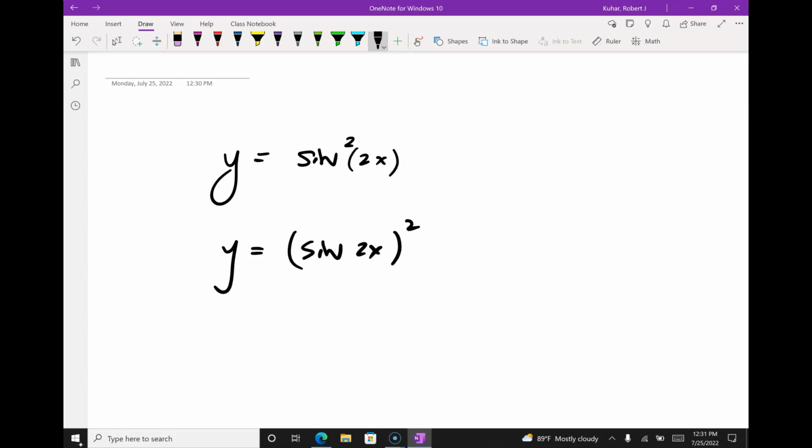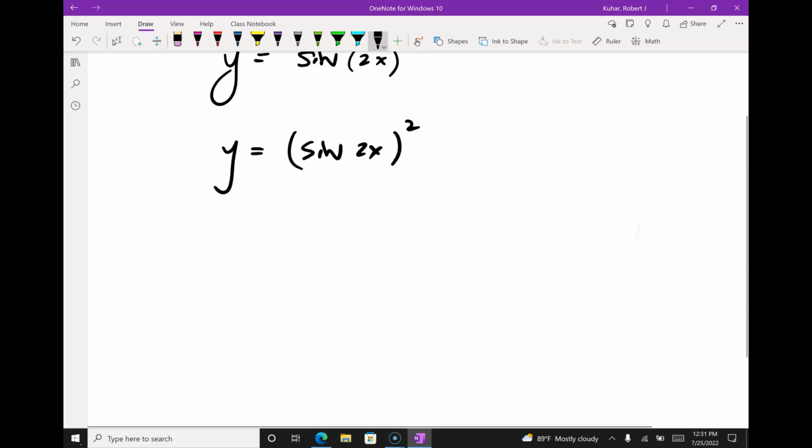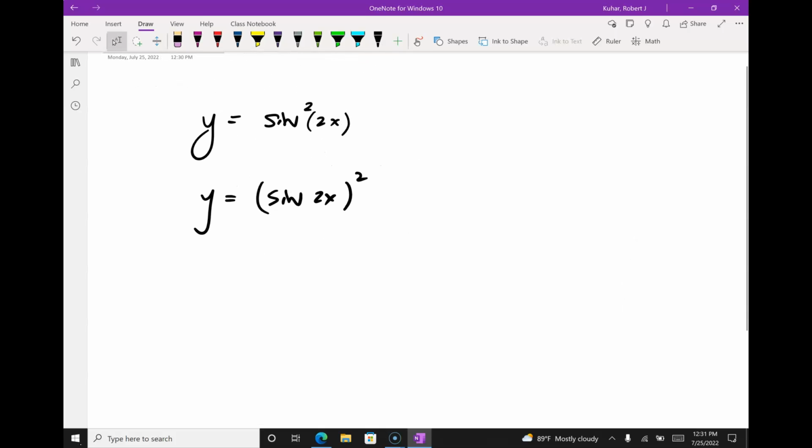Say again. This is a nested one. Yep. So first of all, do you see that the square is the outside function? That's what I really want you to see, right? And then if you look at the inside function, notice there's an inside of the inside, right?